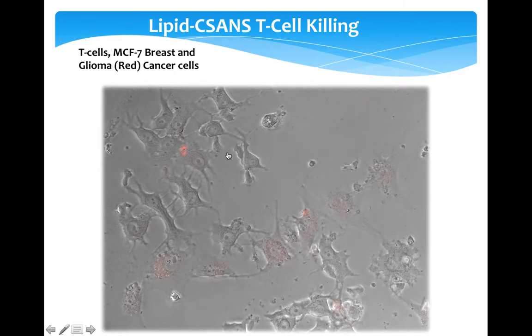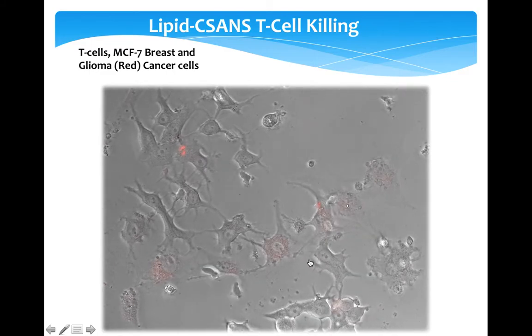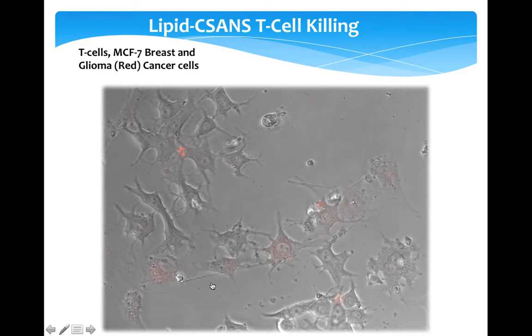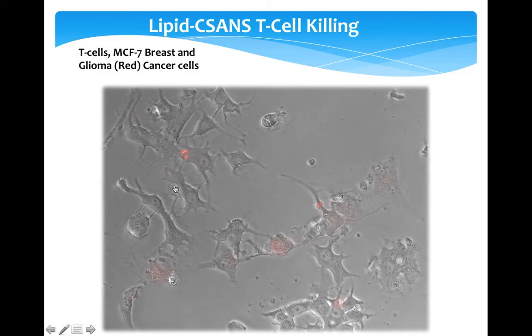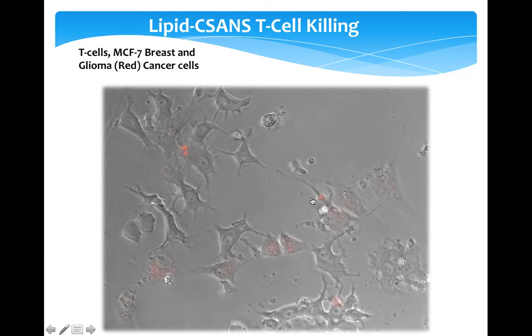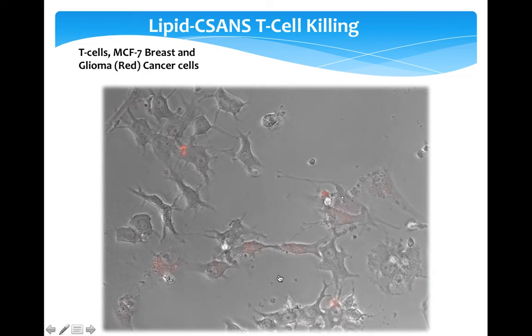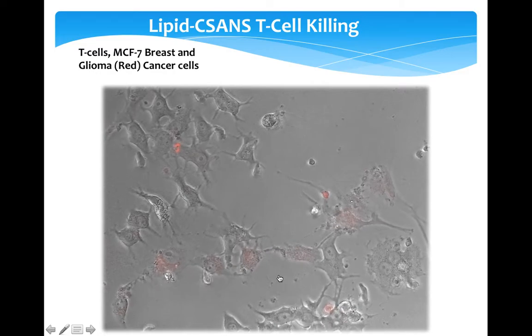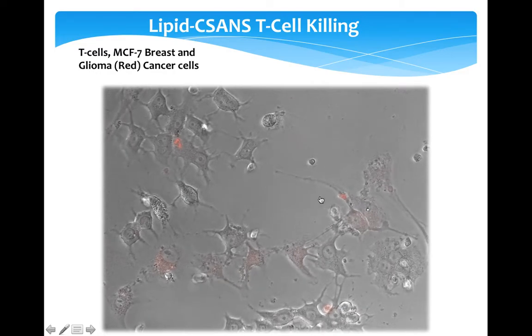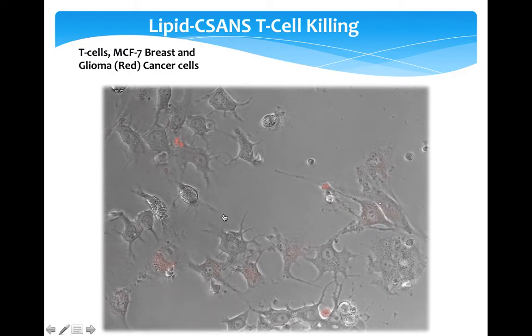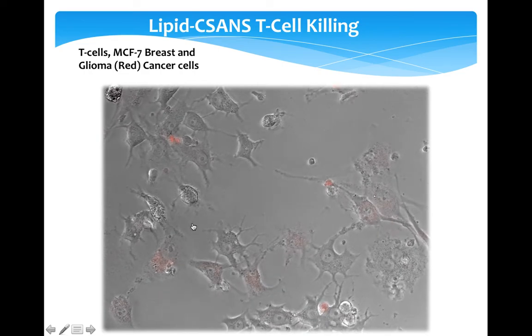And these little wiggly guys are our T cells. They're moving around and they're interacting with these cells, touching them, finding out if they can interact with them. But they don't really do anything. They don't really do too much to these cells.